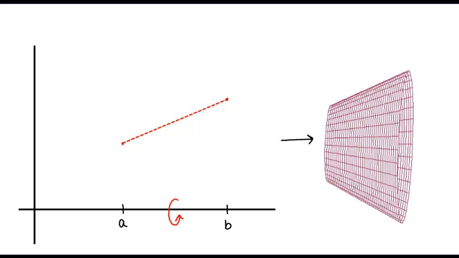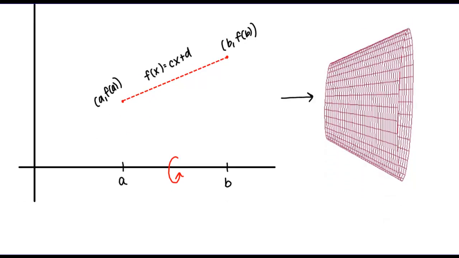So if specifically we consider a line segment, f of x equals cx plus d, between the points a, f of a, and b, f of b, the frustum created by rotating that line segment around the x-axis has surface area given by the following formula.